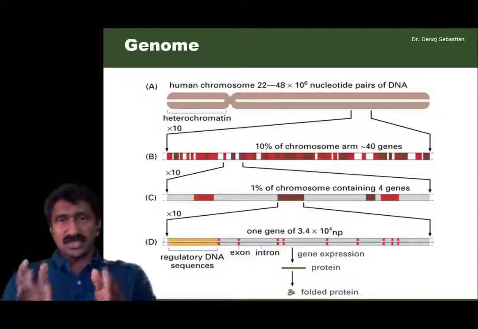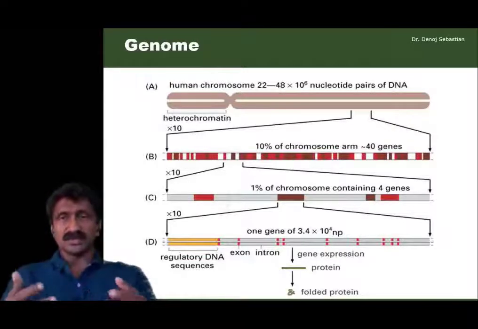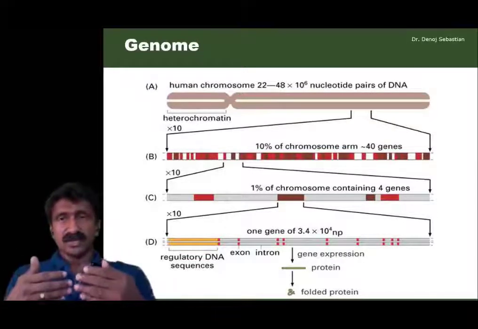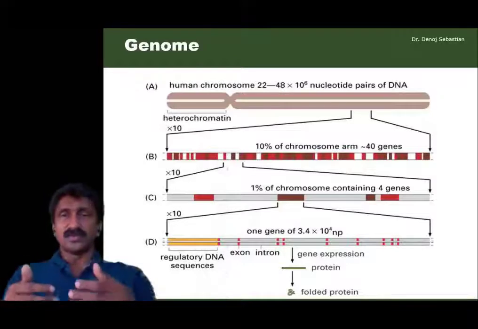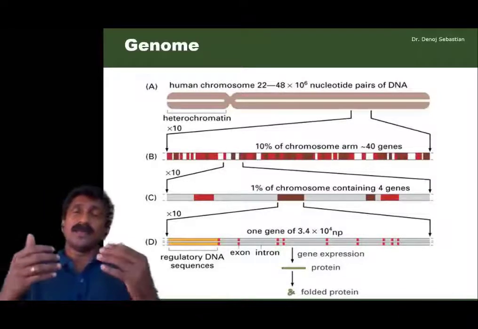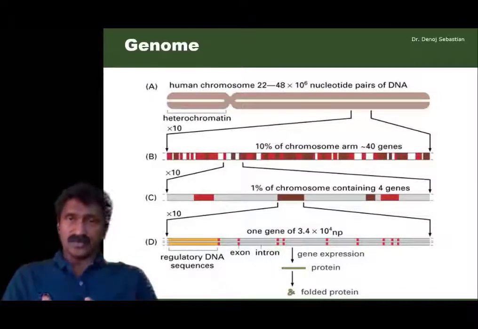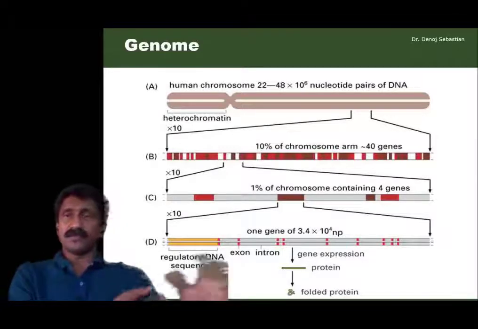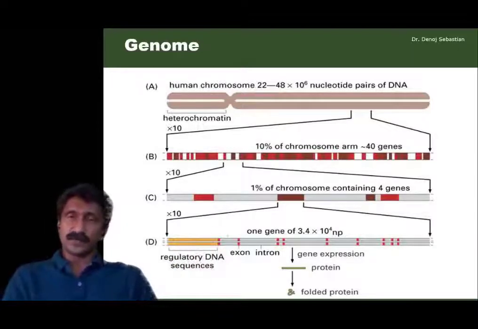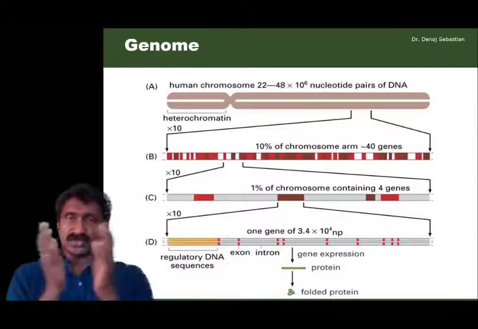So these genes, the functional part, the exons, will be joined together when you are transcribing something. That will be transcribed, and the introns will be removed, exons will be joined together, then the concerned protein will be translated and it will be folded, and that will be expressed. So this is the structure of a gene and the overall DNA content which is present in the chromosome.